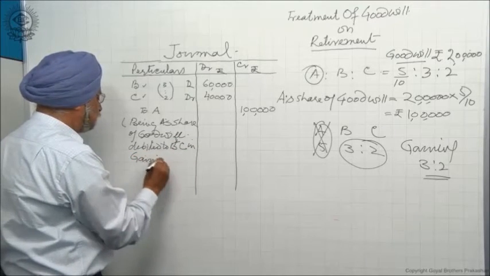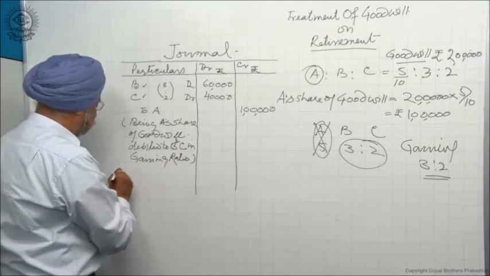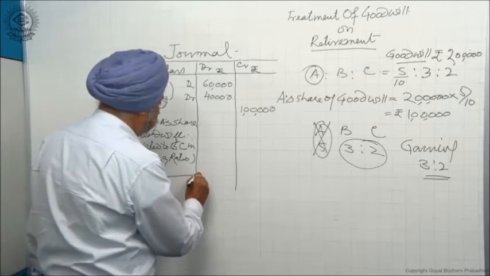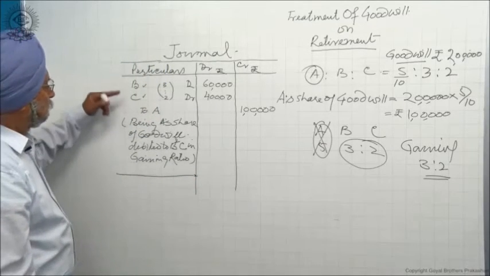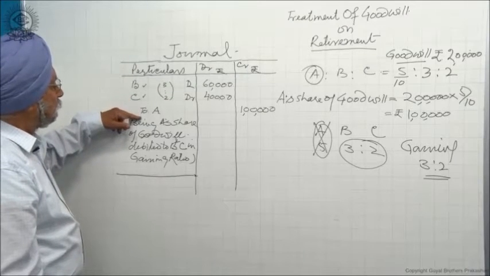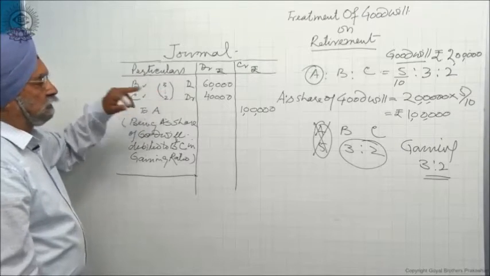Don't forget to mention this, please. This is the entry and you have to pass it like this. I repeat, B debit, C debit to A. A is the retiring partner and this is to be in gaining ratio.